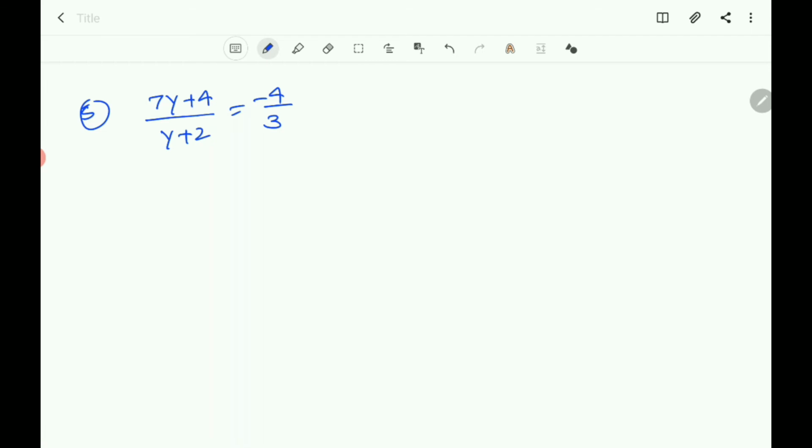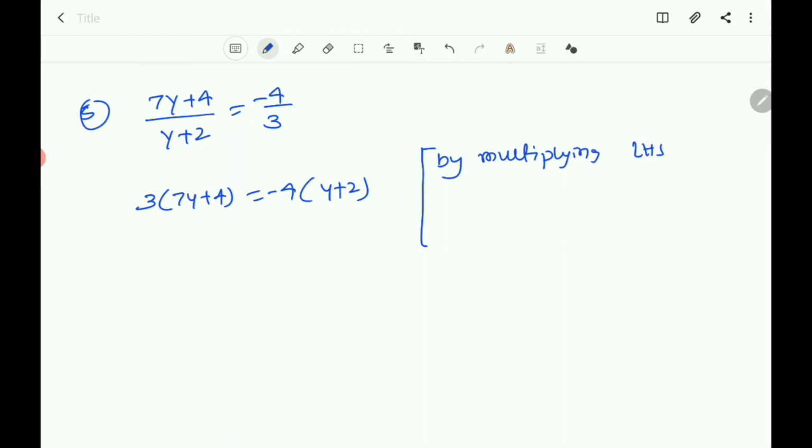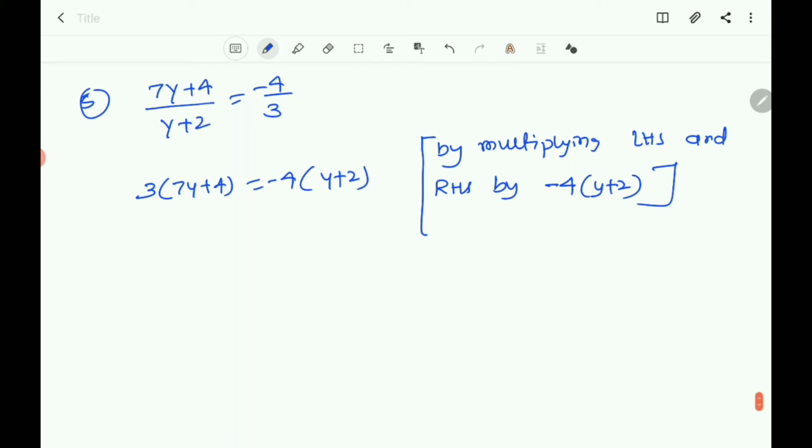So it becomes 3 into (7y + 4) = -4 into (y + 2). That is nothing but cross multiplication here. So here, by multiplying LHS and RHS by 3 into (y + 2) and -4, you multiply 7y + 4 by 3.